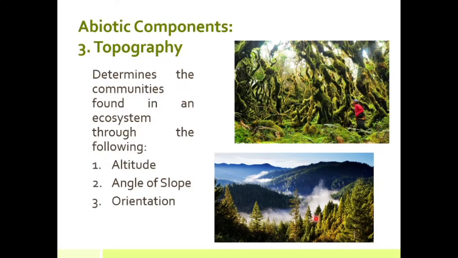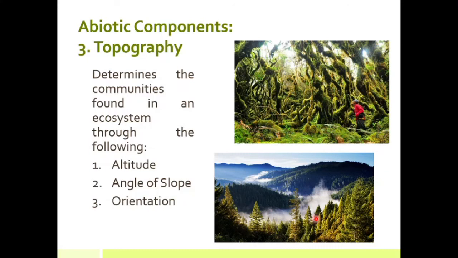So again, abiotic factors are the non-living things found in the ecosystem, and they may affect the biotic factors, because in an ecosystem there is an interaction of living and non-living things, and they are always interacting with each other.